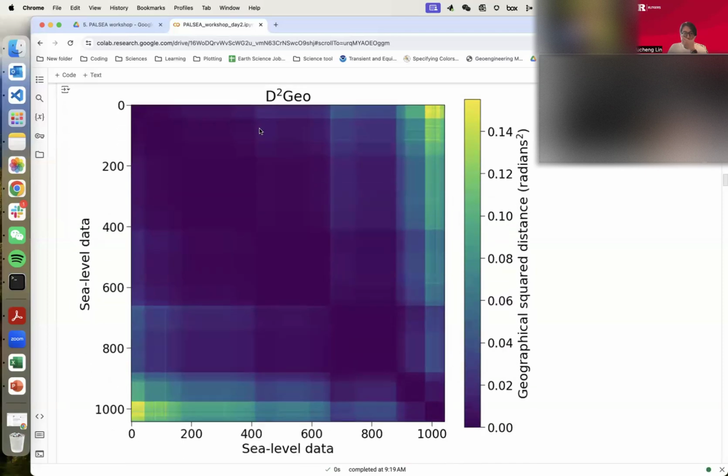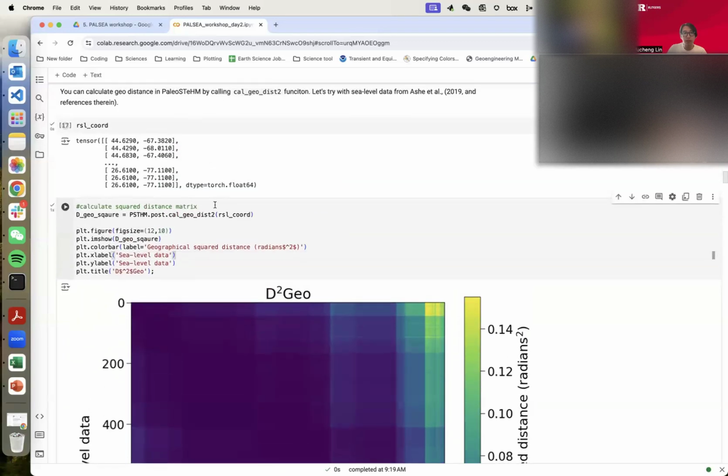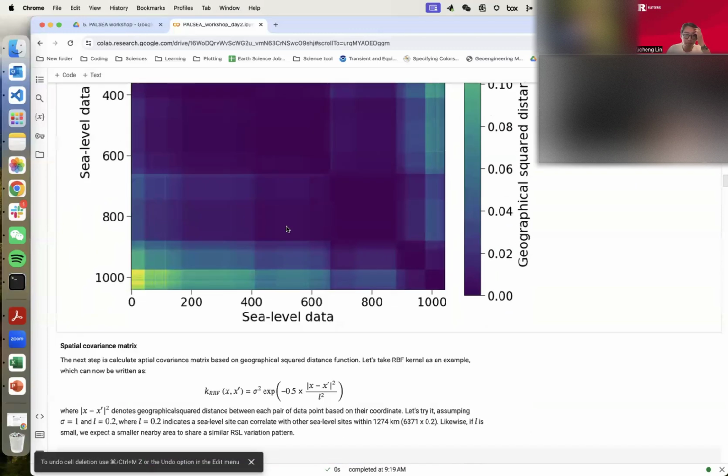I hope this makes sense to you. And why are we calculating in radians here? Because if you multiply the radians by the Earth's radius, you get the true geographical distance, which we'll talk about later.